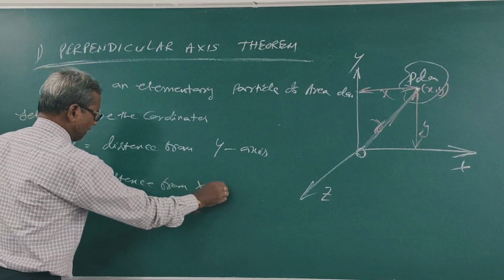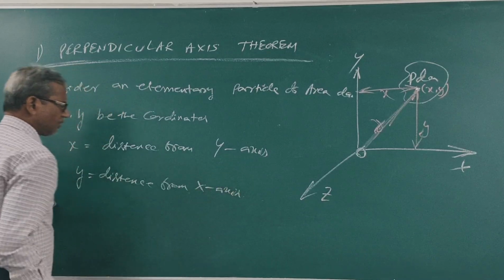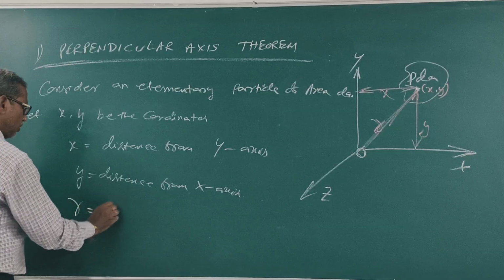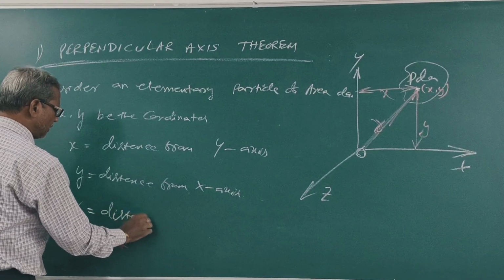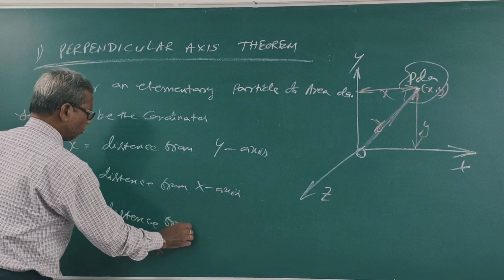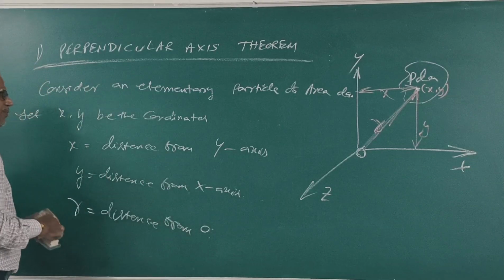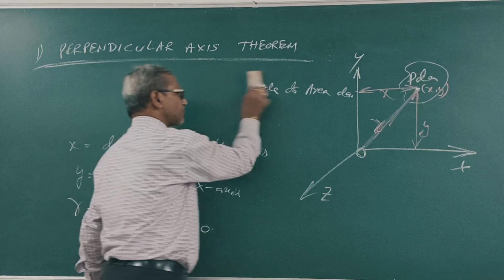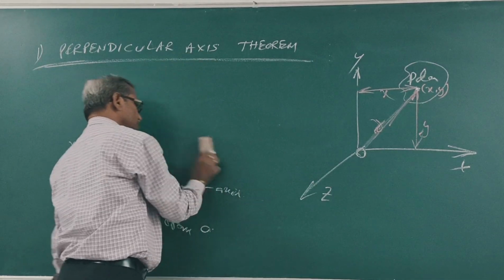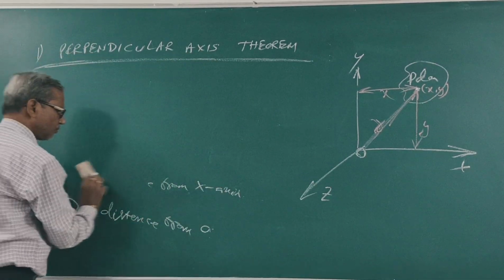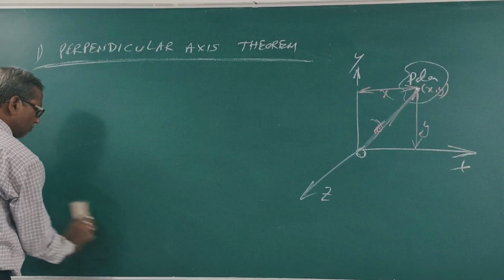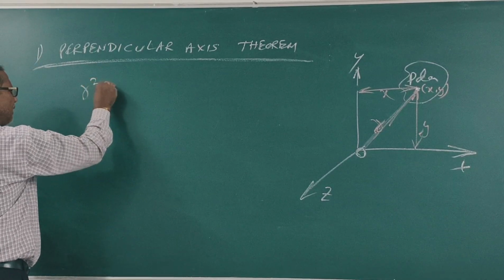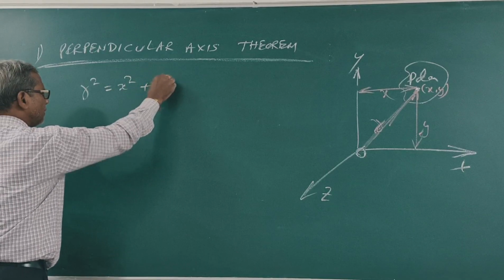What is r equal to? Distance from origin O. Clear? What is R square? R square is x square plus y square.